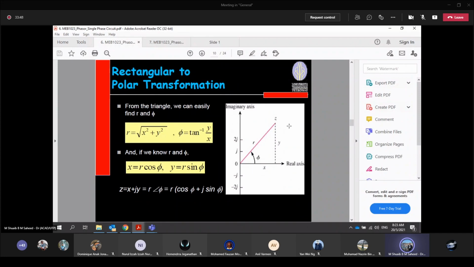Whenever you are in doubt, just draw this diagram and check accordingly. Anyway, when you are doing your assessment like quiz, test, or exam, you can open up the slides. So that's a relief for you. But just be very careful.